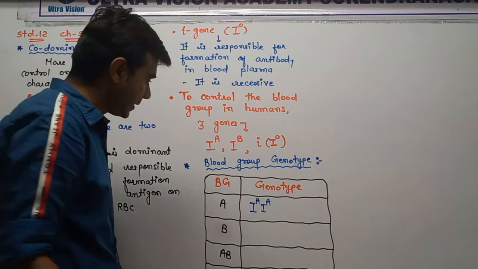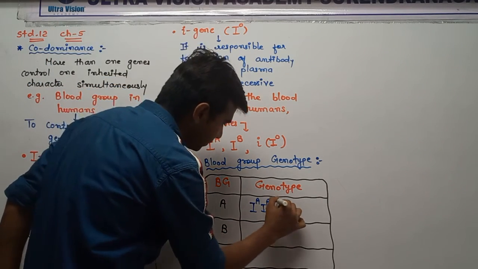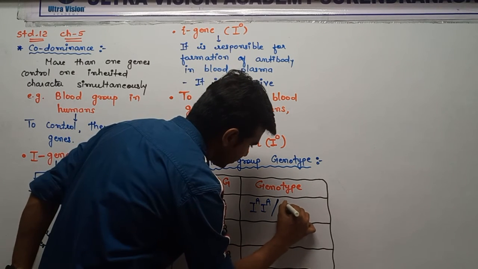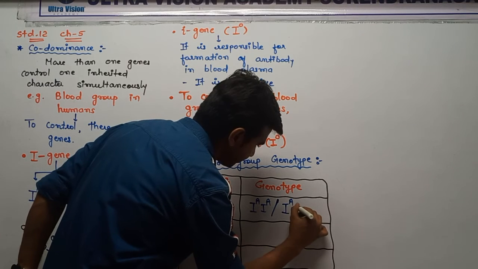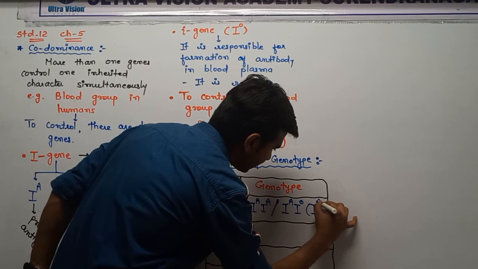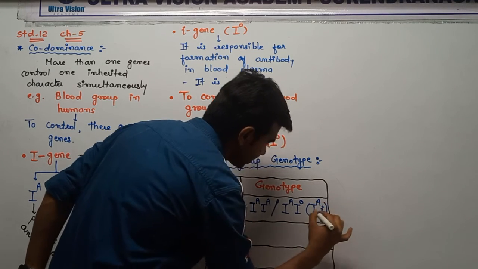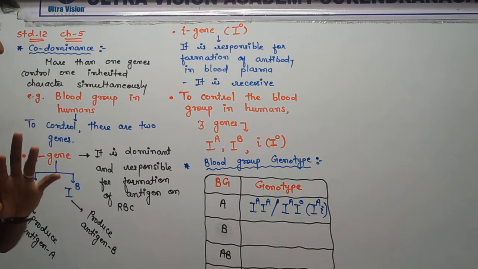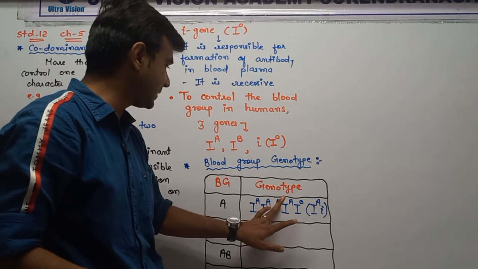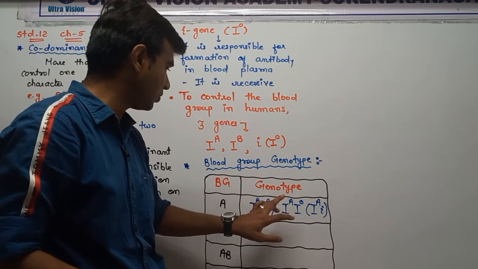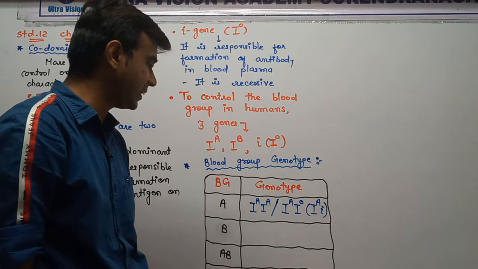Another genotype is IA and I0, so you say IA small i. Dear all students, please write it properly. This table is for understanding purpose, not given in the textbook. You don't have to write this table in the NCERT exam. Board exam you cannot write that, but for NEET it is very important.